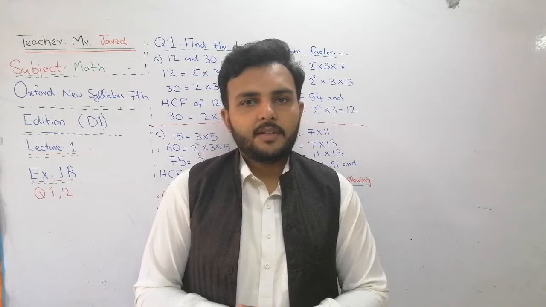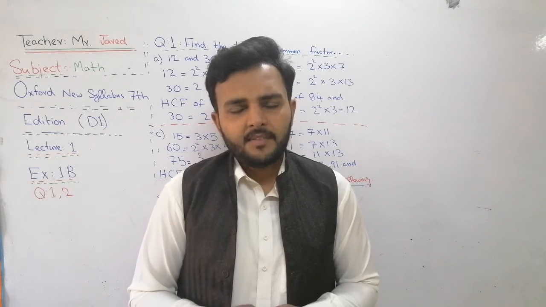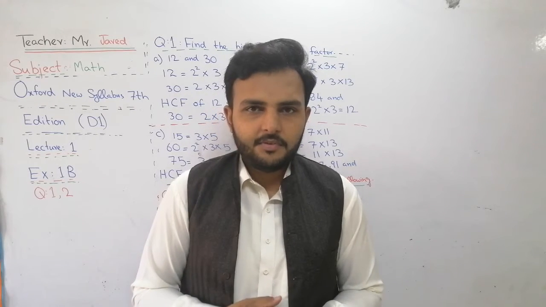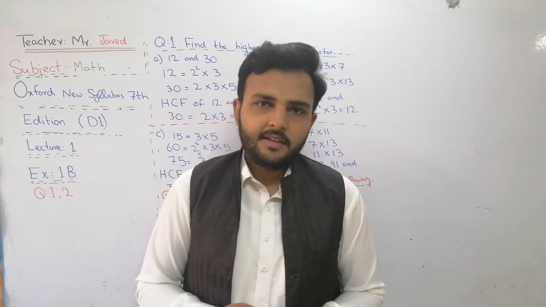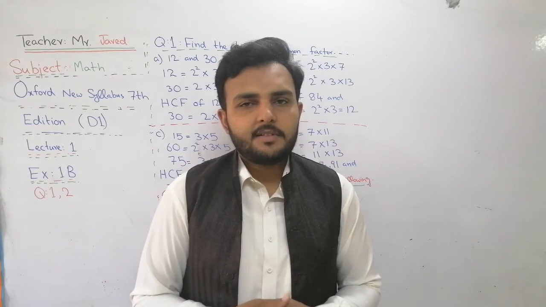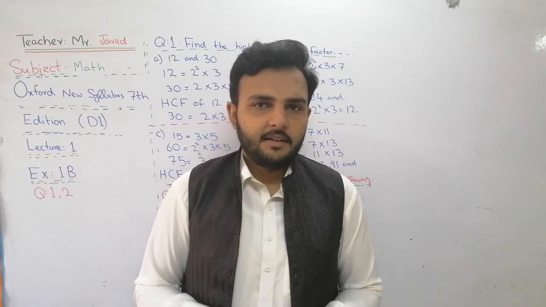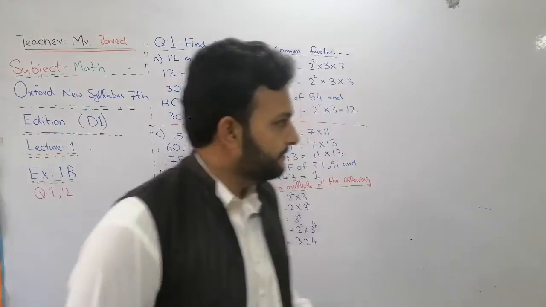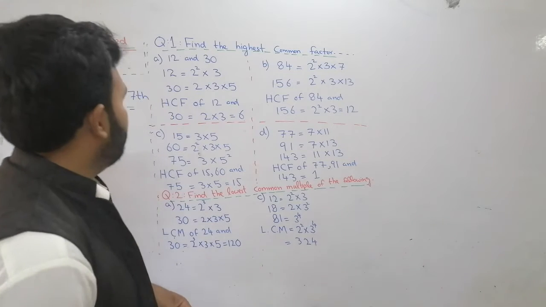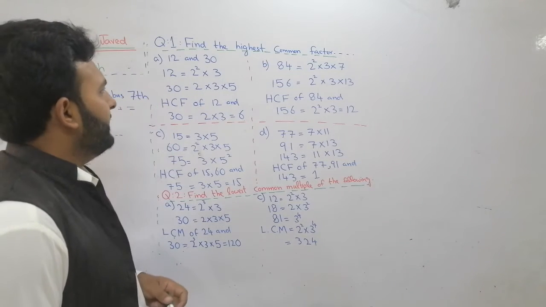In the highest common factor, first of all, we will take the prime factors of the given numbers. At the end, we will take the common ones, and that will be the HCF. So let's see the question. Part A: 12 and 30.